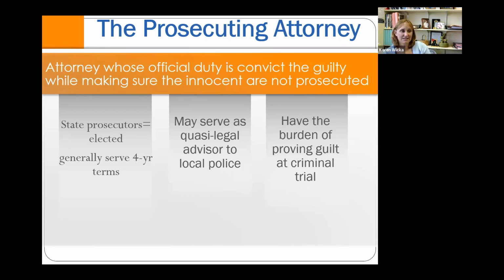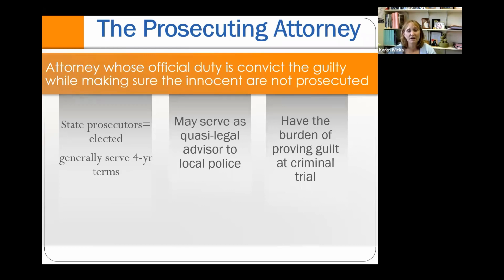Now, just as an aside, prosecuting attorneys mostly are elected, okay? And they usually serve a 4-year term. So it's an elected position. A lot of times they also act as a quasi-legal advisor to the police. So they would help the police in making decisions about warrants and probable cause and all of those legal concepts we've talked about.